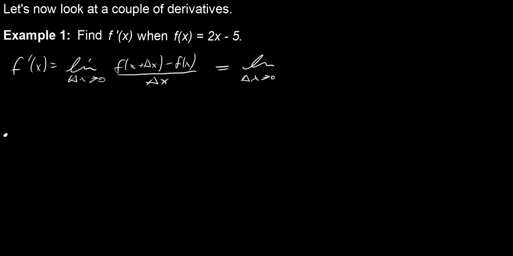Now, f of x is 2x minus 5, so f of x plus delta x would be 2 times the quantity x plus delta x, minus 5. So that's f of x plus delta x. I didn't need to put that extra paren there. Then minus f of x, which is 2x minus 5, and I'm taking that over delta x, and I want to find the limit as delta x goes to 0.